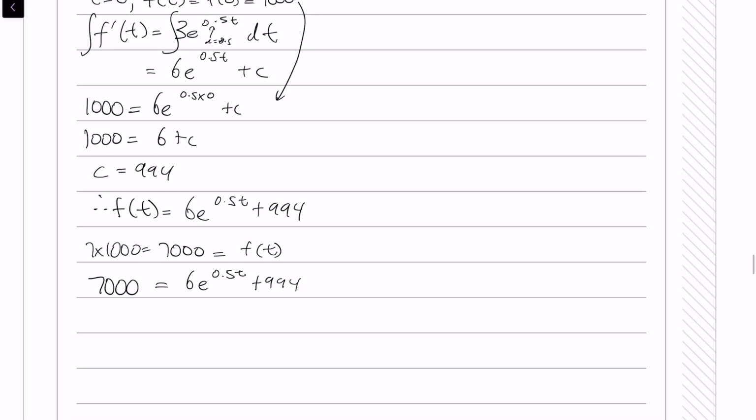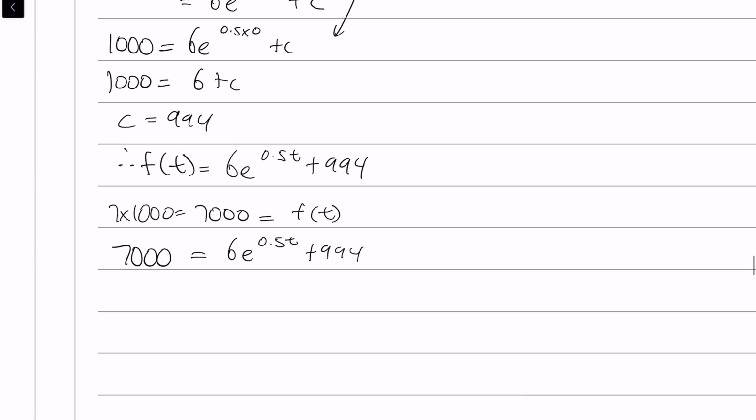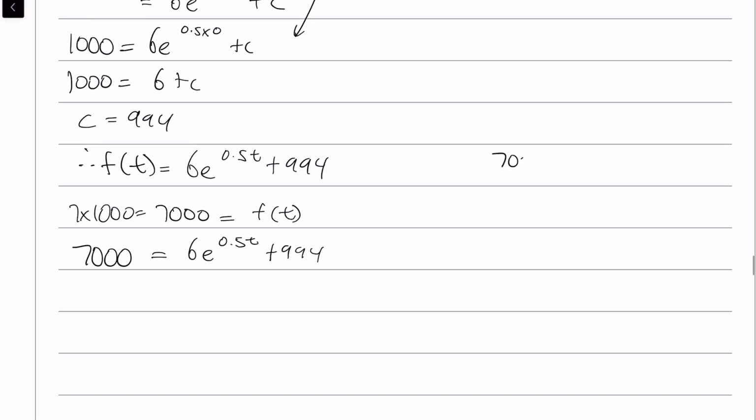Okay, and then, oh, this is an interesting one. So they actually made us do 7,000 minus 994 in our own working. You don't have to do this sort of working out, like arithmetic.